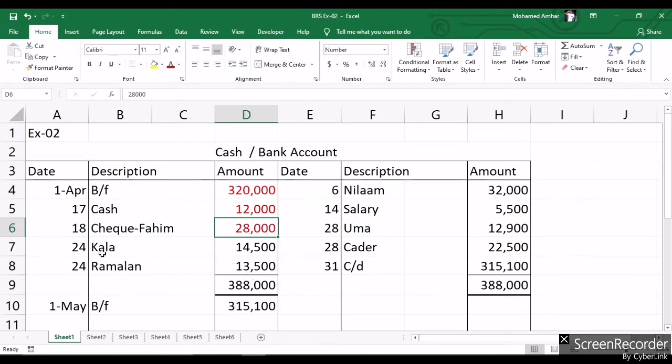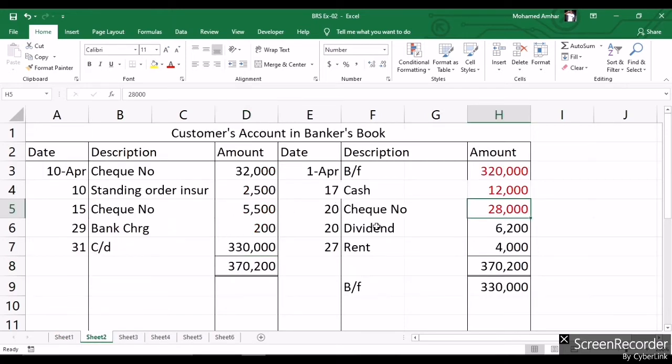Then see two checks, one is received from Kala, deposited, and another check received from Ramalan, deposited, debited. See, are these two checks in the banker's account book?